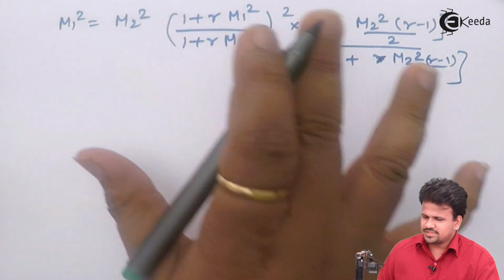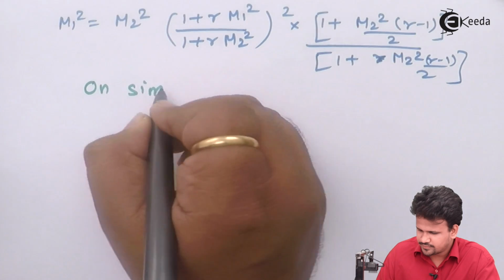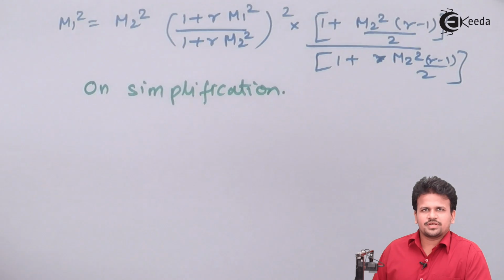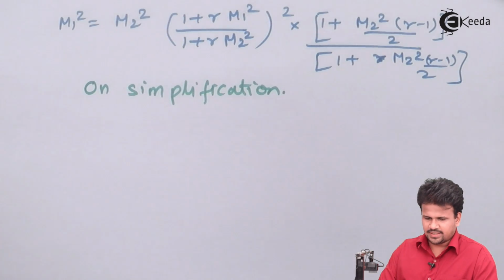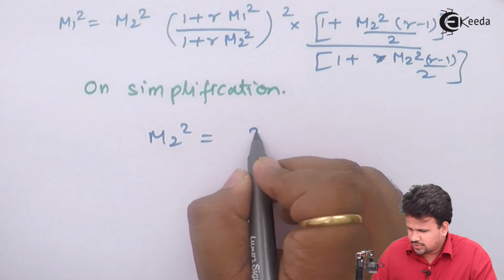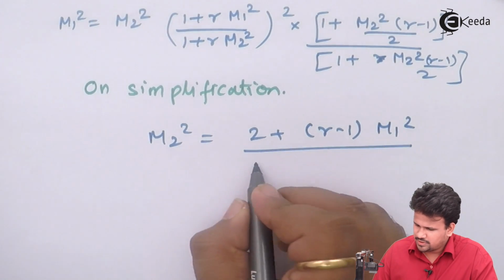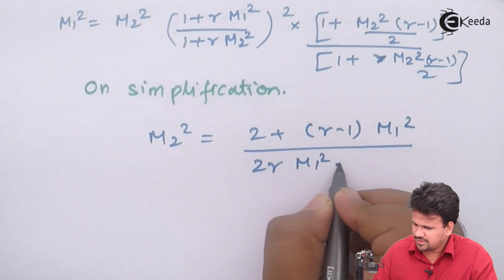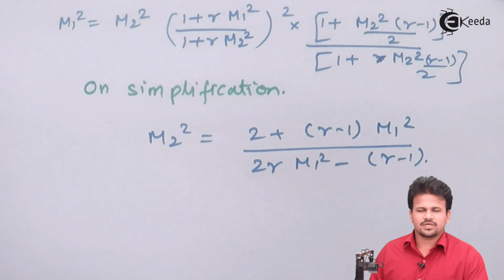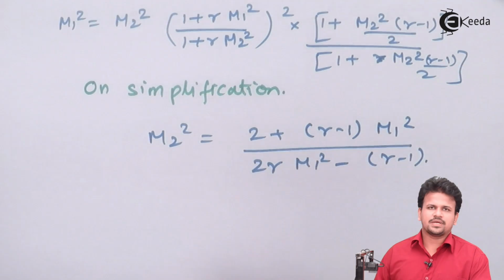On simplification of this entire term, we'll get M2 square is equal to 2 plus gamma minus 1 into M1 square, the whole upon 2 gamma into M1 square minus gamma minus 1. This entire part we derive on simplification. So we have seen the relation of M2 with respect to M1.